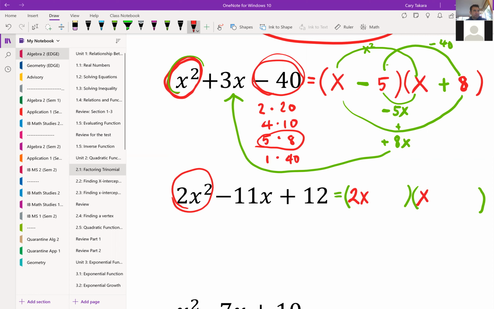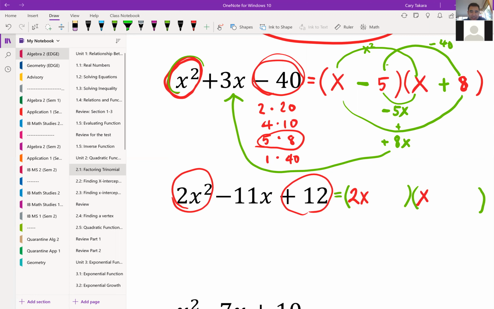Next step. We're going to skip the negative 11x, but we're going to take a look at this positive 12, okay? And what are you going to ask yourself? What times what gives 12?